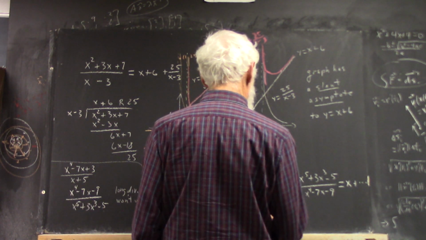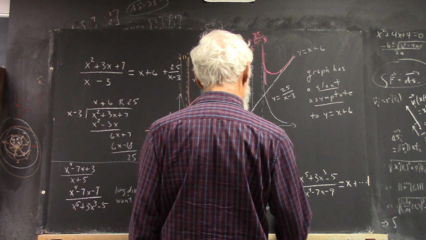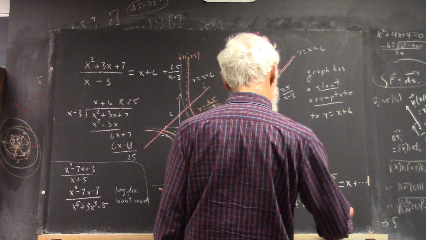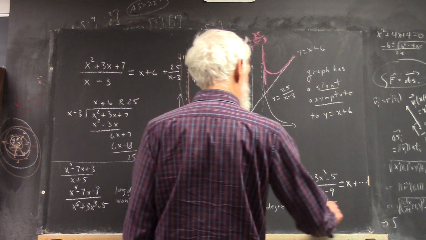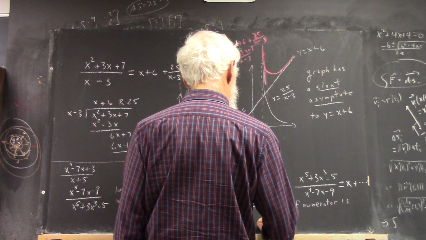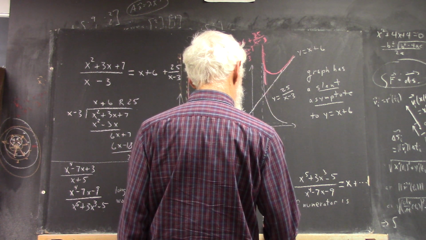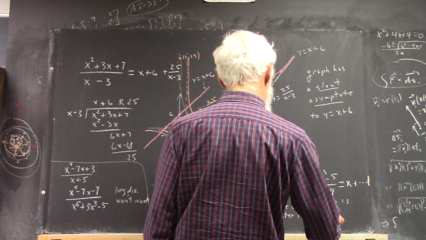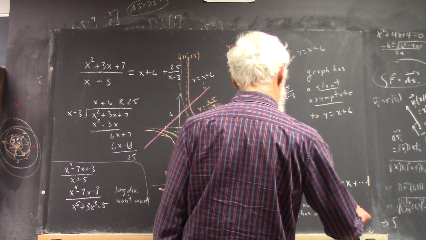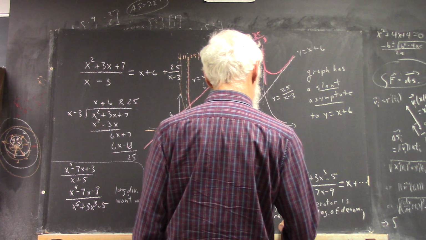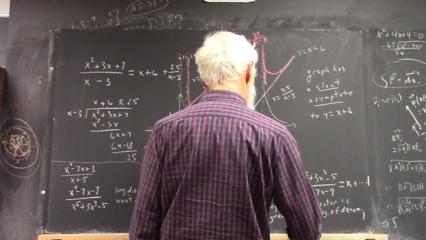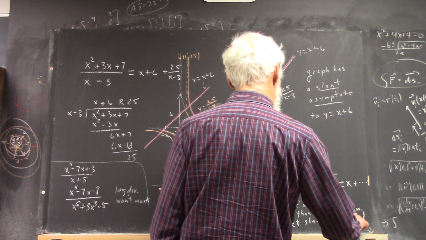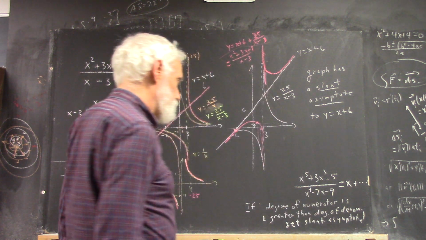It says that the degree of the numerator is one bigger than the degree of the denominator, you get a slant asymptote.